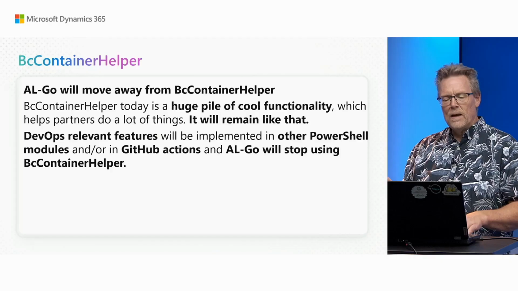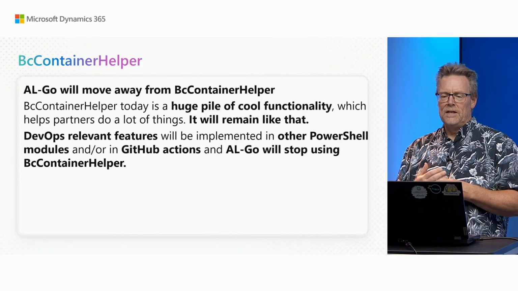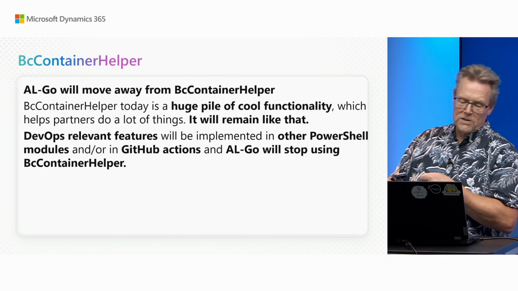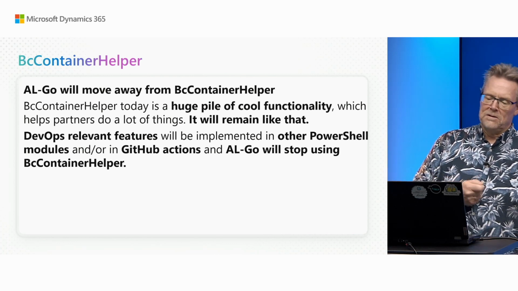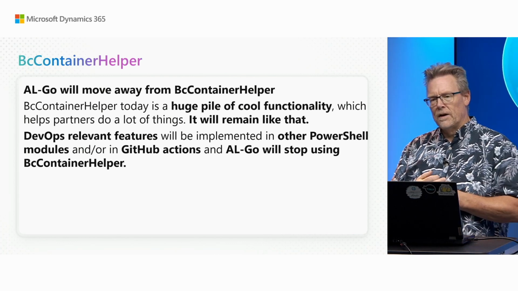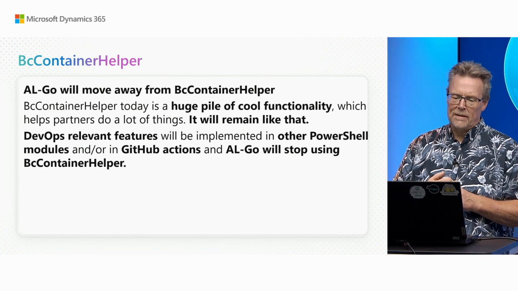It will not be removed from GitHub or from PowerShell Gallery. But for people who are using it for old time stuff, it will remain as is. We will, however, take all DevOps relevant features and implement that in either another PowerShell module or in GitHub Actions, and then AL Go for GitHub will stop using BC Container Helper.